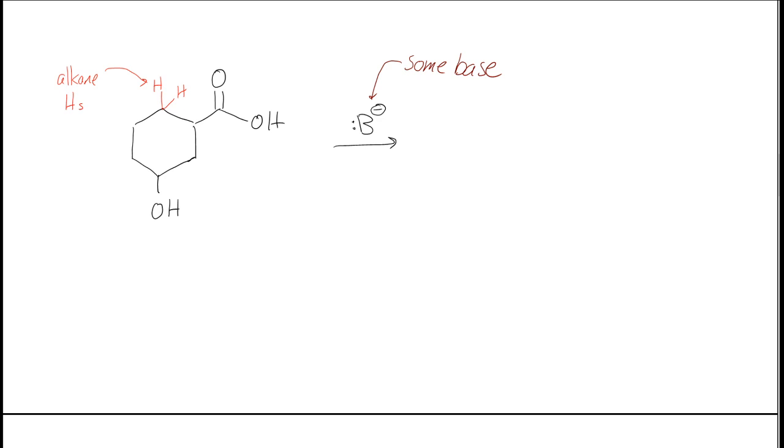All the hydrogens around there. So if we were looking at a pKa table, if we wanted to guess a pKa, we would compare this to something like ethane, because it's a carbon hydrogen with no other functional group. So we would say, okay, the pKa's of those hydrogens are probably around 50. Maybe a little less because of the inductive effect of the carboxylic acid, but around 50.